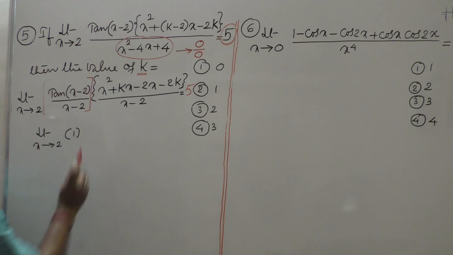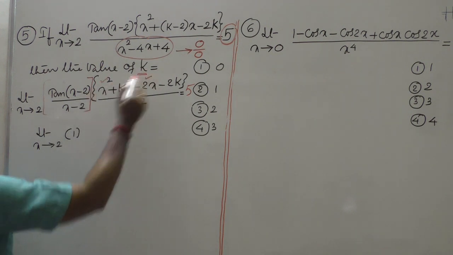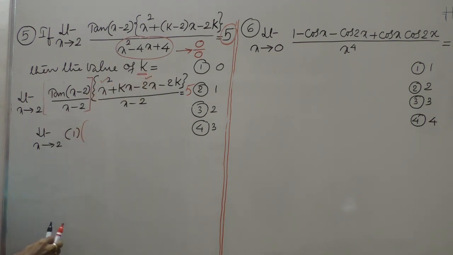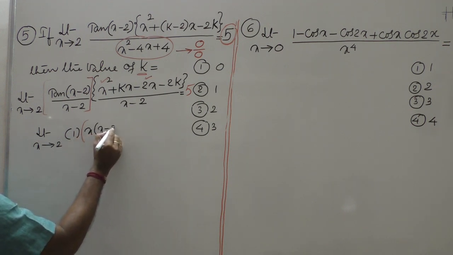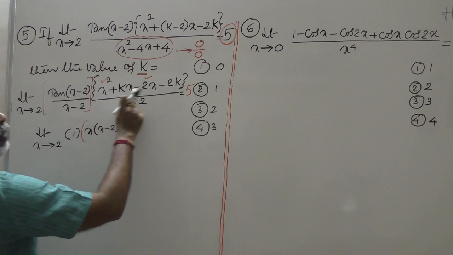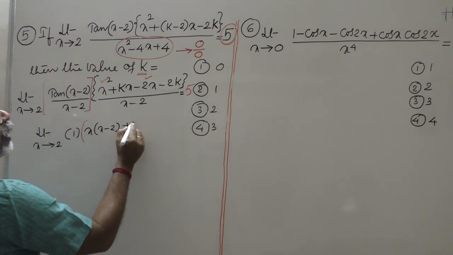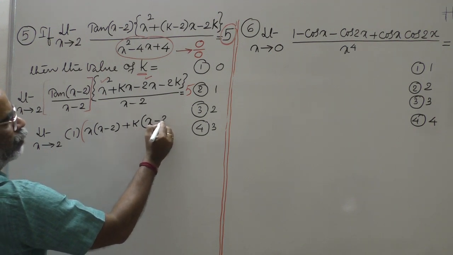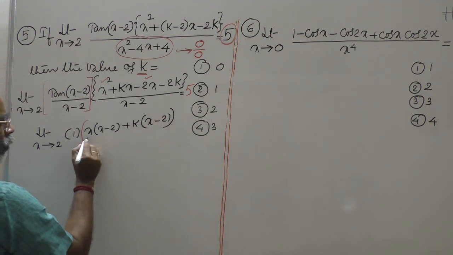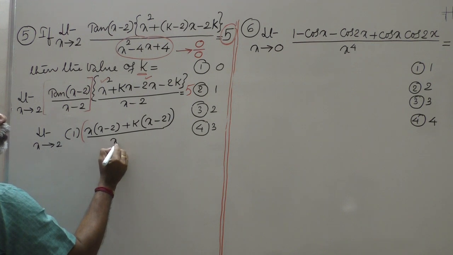By taking this and this, x square minus 2x, I will take x common. If I take x common, I will be having x minus 2. From the remaining, I shall take k common. If I take k common, x minus 2 divided by x minus 2.